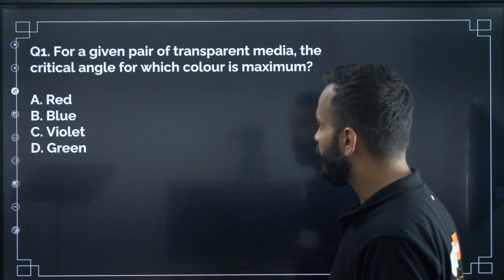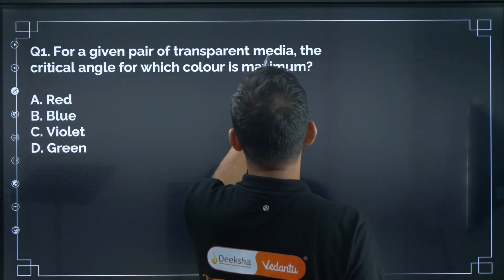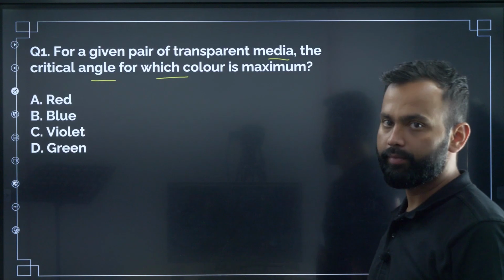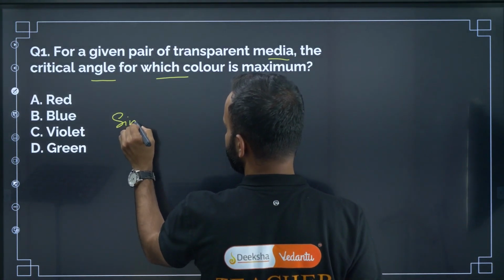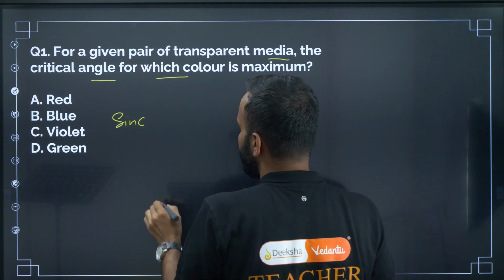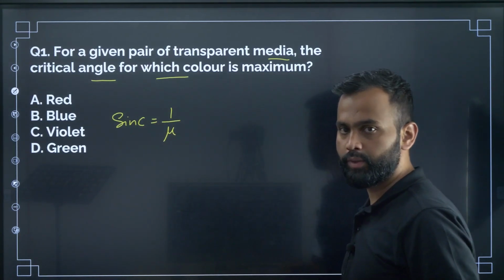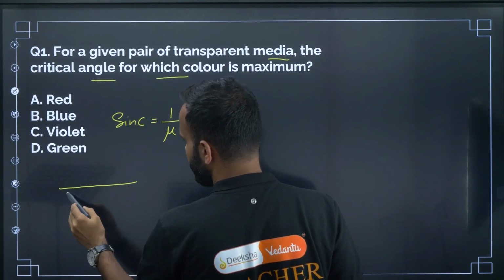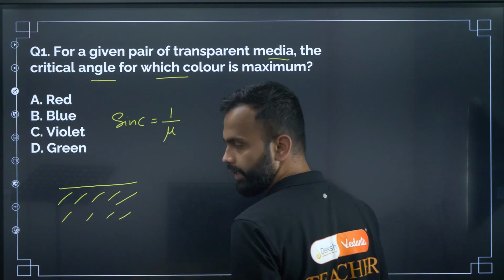Question number 1. For a given pair of transparent media, the critical angle for which color is maximum? We know that sin c, where c is the critical angle, is equal to 1 by mu. This is the denser medium and this is the rarer medium.